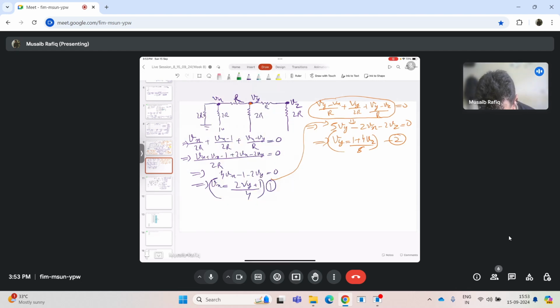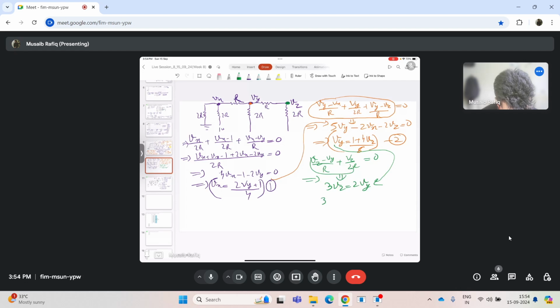Now we'll solve for this point. So this is Vz minus Vy by R plus Vz by 2R equal to 0. Ultimately you will get 3Vz equal to 2Vy.